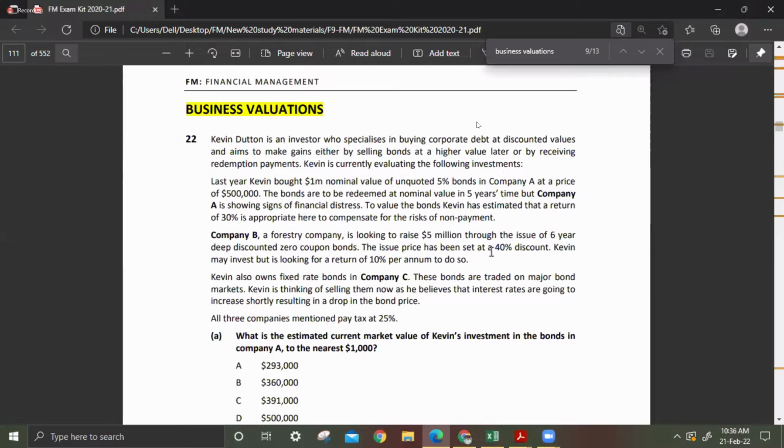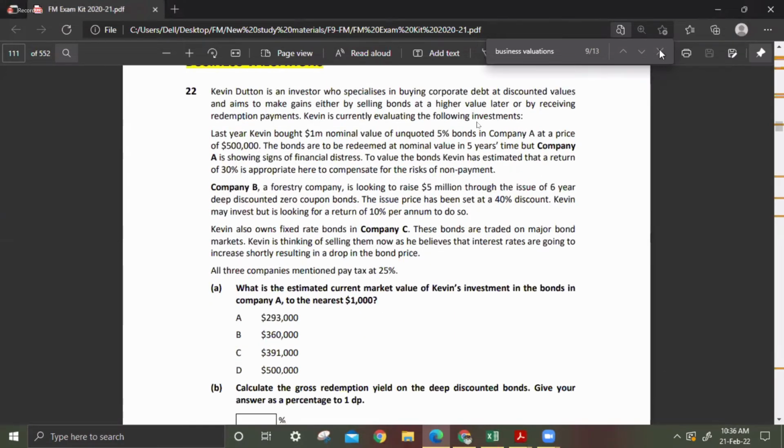So let's solve a few of these and then I'll be moving to section A. In section A, I have a few MCQs which we will be doing. But before that, let's do some section B questions. Quickly go through the question. Kevin Dutton is an investor who specializes in buying corporate debt at discounted values and aims to make gains either by selling bonds at a higher value or by receiving redemption payments.